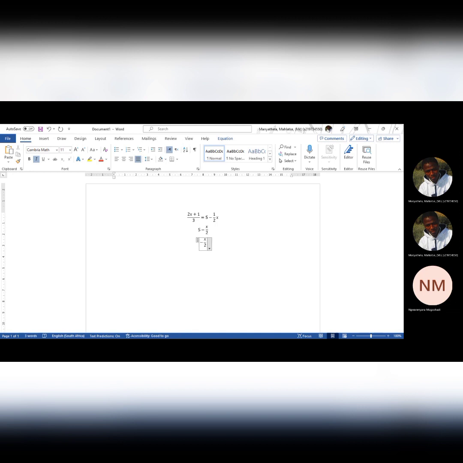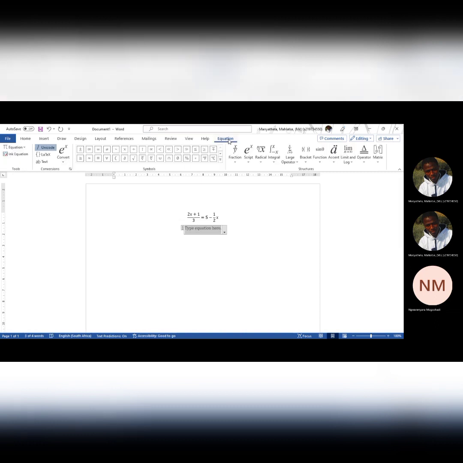Which is 2x plus 1 over 3 equal to 10 times 5. 2 times 5 is 10.